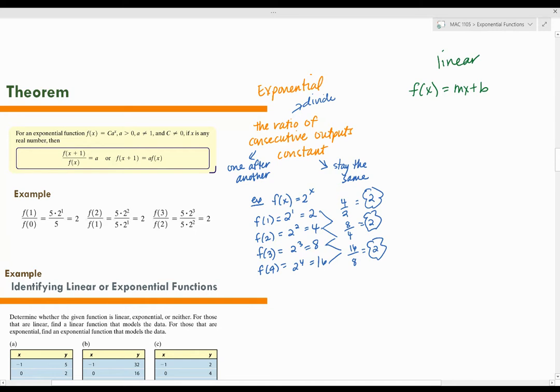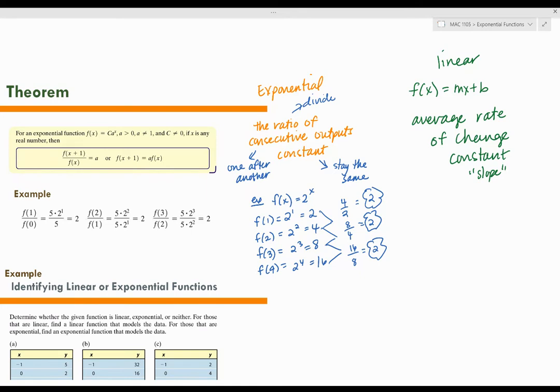And if we wanted to know if the data we've been given was a linear function, we were looking to see if the average rate of change was constant. Okay, which another way of thinking about it is a constant slope. Okay, so now we're going to be able to tell if we've been given a data set whether or not that data can be represented by an exponential function or a linear function or neither.